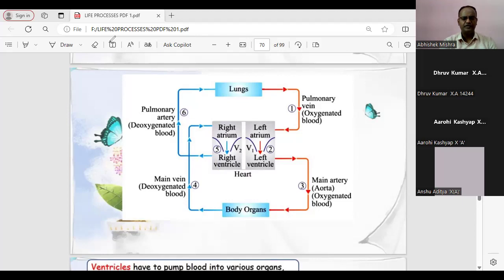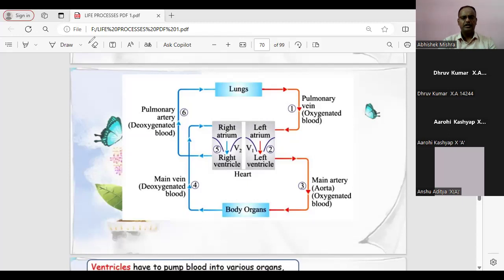Ashmit Raj, unmute yourself, Ashmit. Is there any connectivity issue from your side? Anshu Aditya, unmute yourself.